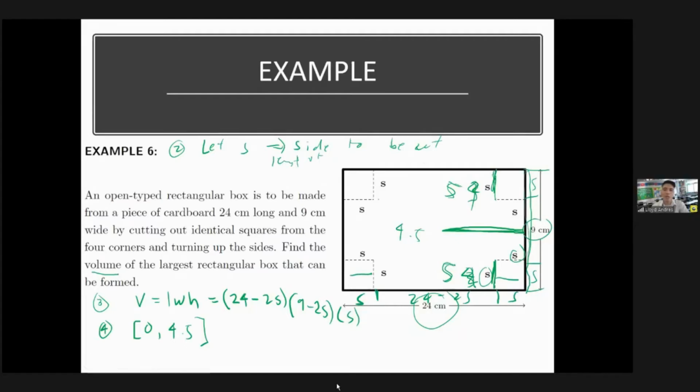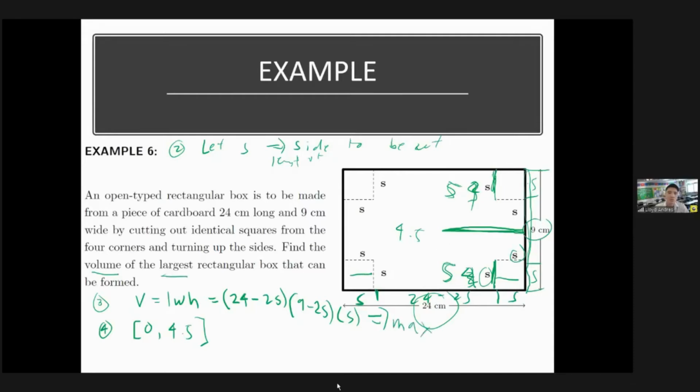So, next, kailangan na nato ang theorem. By the way, unsaon gani ni ang volume atong largest man. So atong i-maximize.